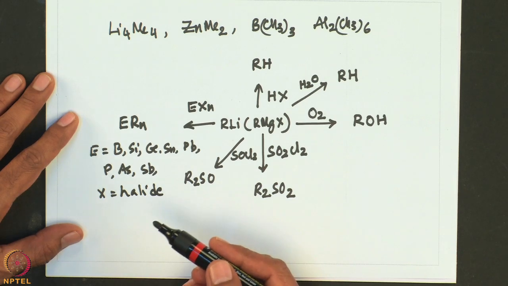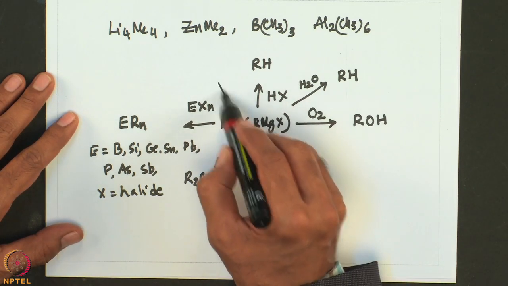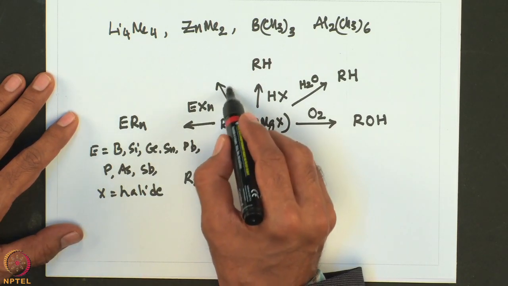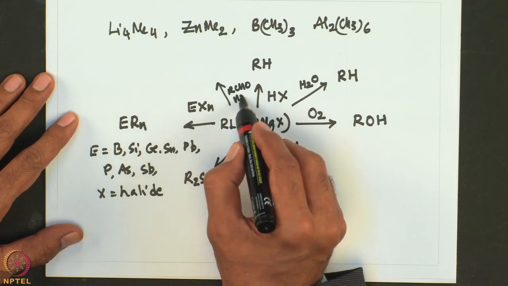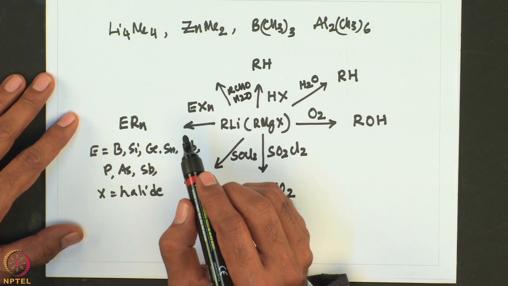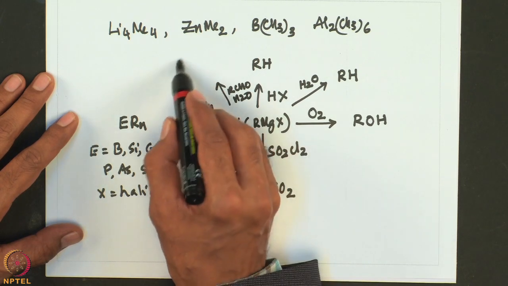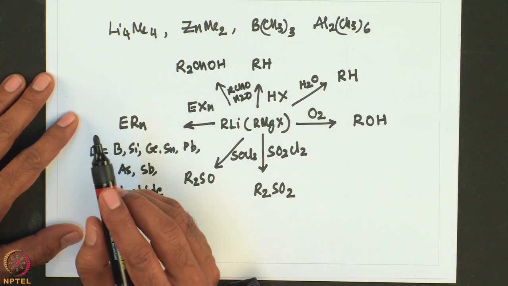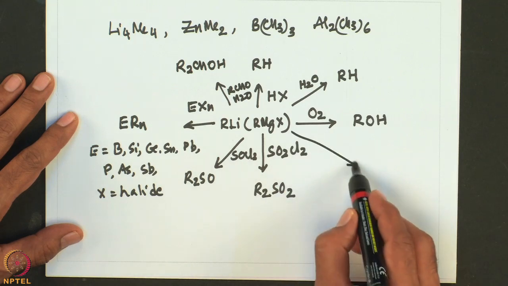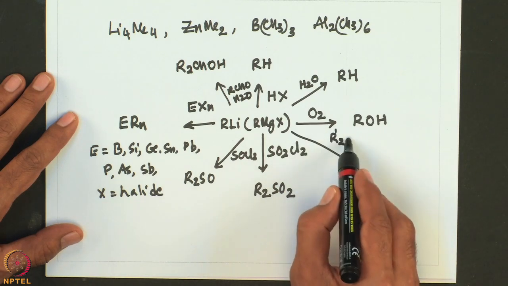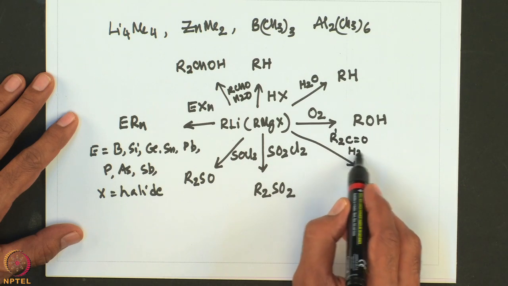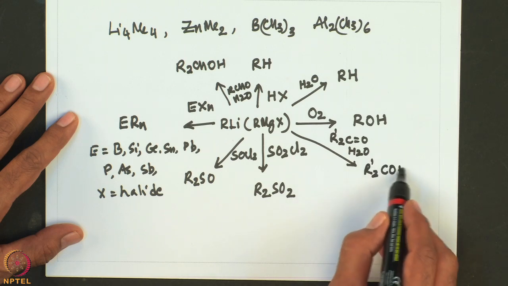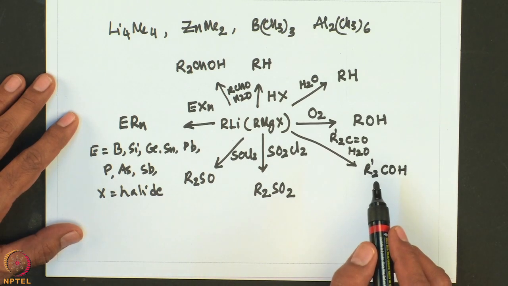So, what would happen if you treat this one with an aldehyde followed by addition of water? With aldehyde and water it gives R2CHOH. If you take a ketone and water, it gives a tertiary alcohol.